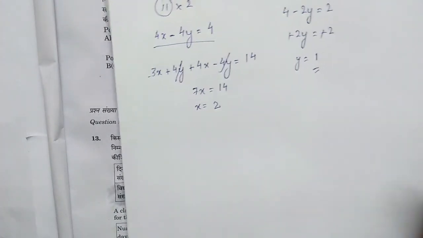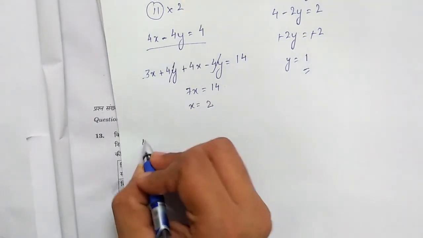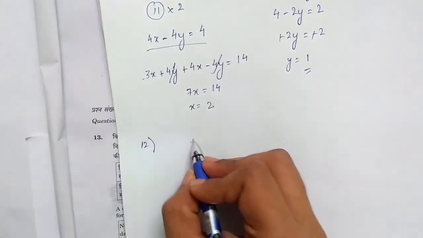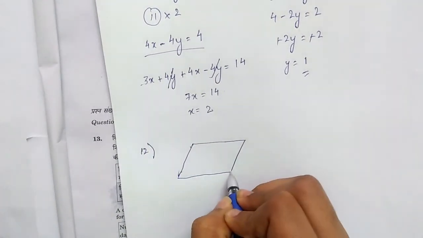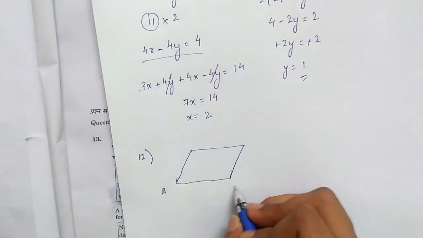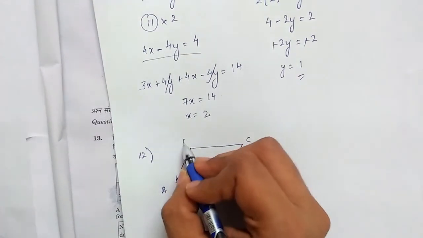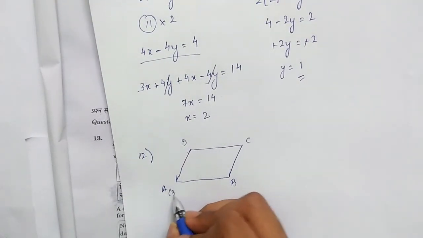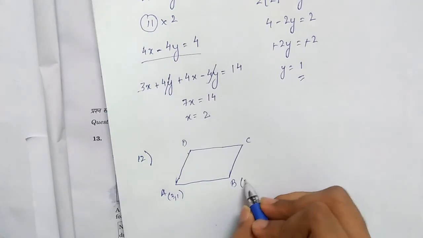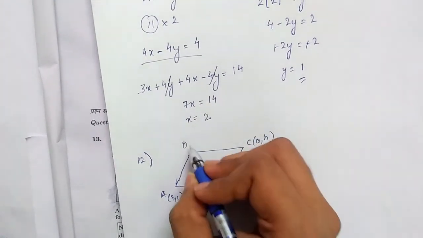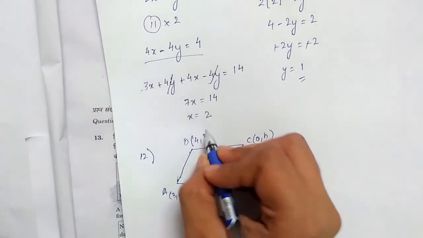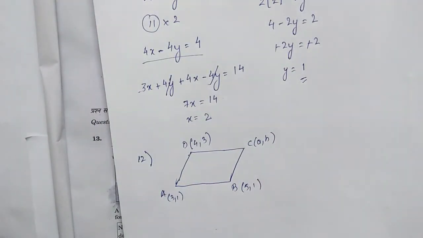So this is the 12th question. We have a parallelogram whose vertices are A, B, C, D, and we are given A as (3, 1), B as (5, 1), C as (a, b), and D as (4, 3). So we need to find the values of a and b.